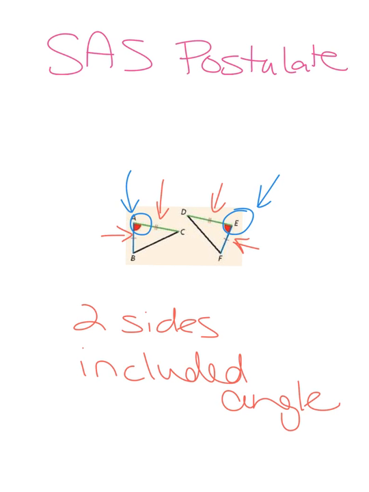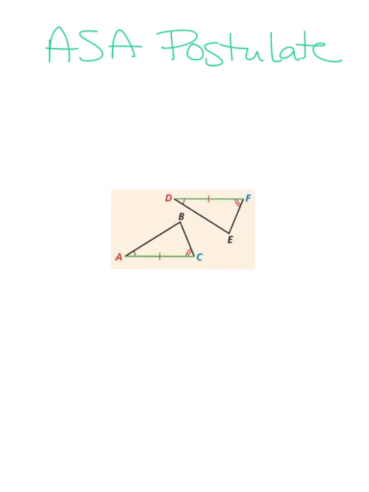So they're considered included angles. So therefore I can say side, angle, side. And in my other triangle I can say side, angle, side. So since I have 2 sides and an included angle from one triangle that are congruent to 2 sides and an included angle from another triangle, I can conclude that the triangles are congruent.